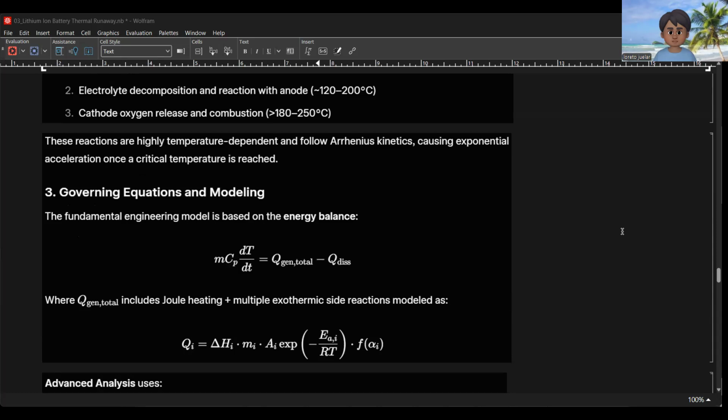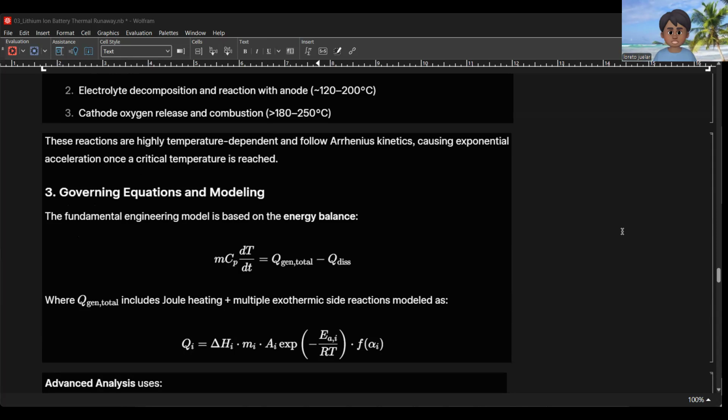The reactions driving thermal runaway are strongly temperature dependent and follow Arrhenius kinetics, causing heat generation to increase rapidly once a critical temperature is reached.